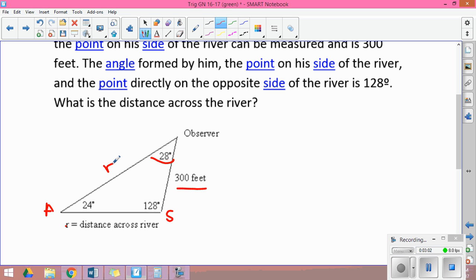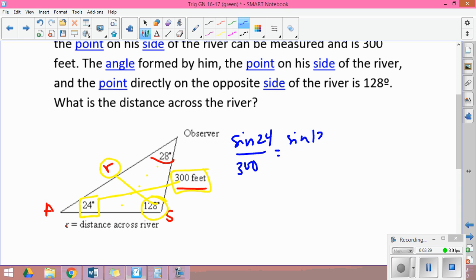And so when we look at what we have, always look to see if law of sines works first. And do I know, here's angle and its partner, do I know another one? Well, I don't know this, but I do know 24 and its side opposite. And so I can say the sine of 24 over 300 is equal to the sine of 128 over R. Cross multiply.